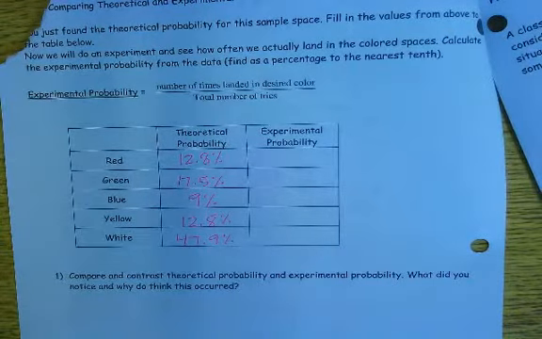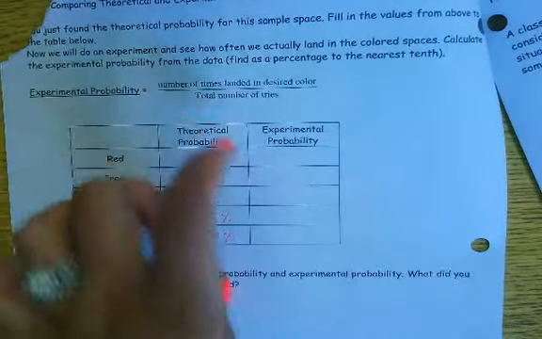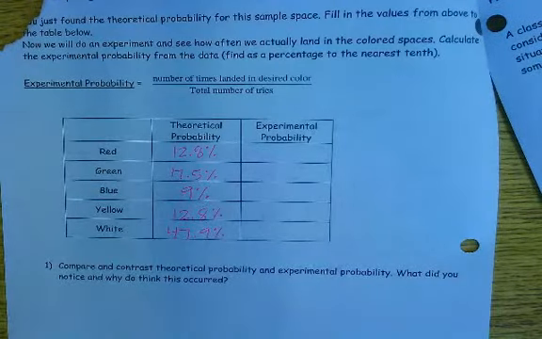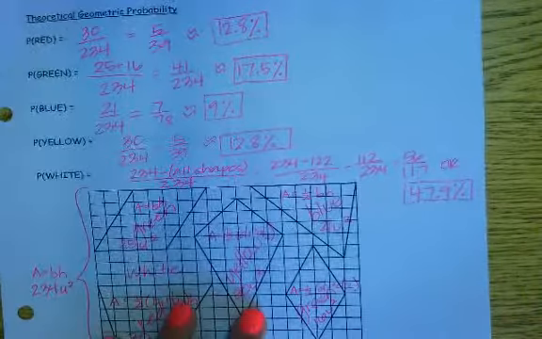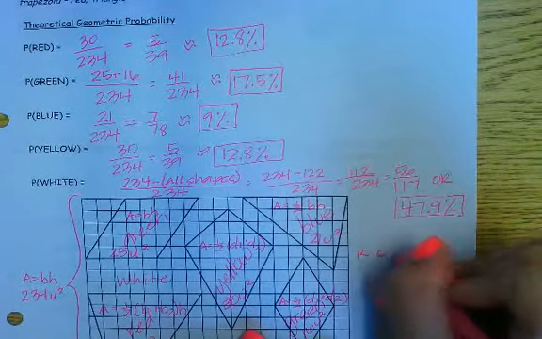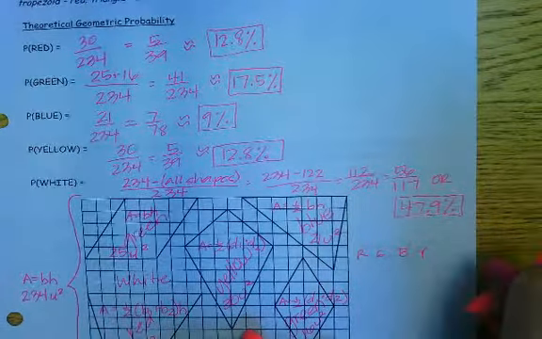That's without any human error, the theoretical probability that things are going to land in those regions. However, we know that as we do experiments, there's human error, and so it's not always going to look like these numbers. So we're going to see if we can get close to these numbers with our own little experiment. Off to the side of your first table, I would make a little chart like red, green, blue, yellow, white.